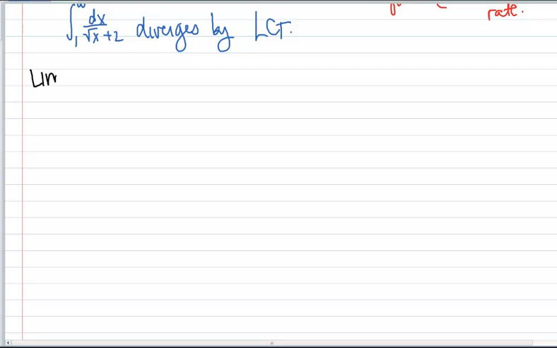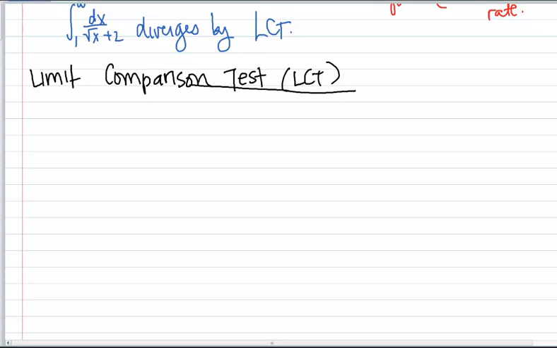So let me write out the limit comparison test, or LCT for short.